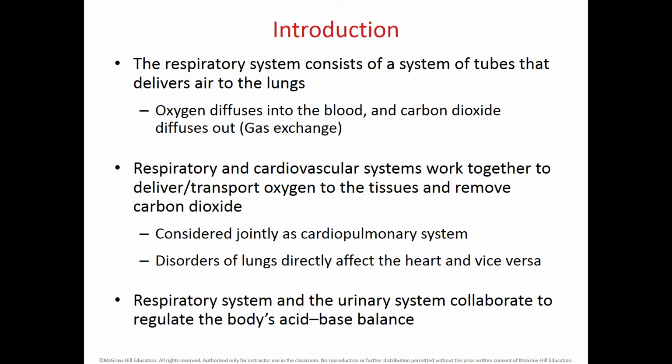So the respiratory system and cardiovascular system form the cardiopulmonary system, and they help to deliver oxygen into our tissues and remove the CO2. The respiratory system can also help to regulate the amount of hydrogen ions that we have in our body, or the acid-base balance, and in order to do so, it works together with the urinary system.